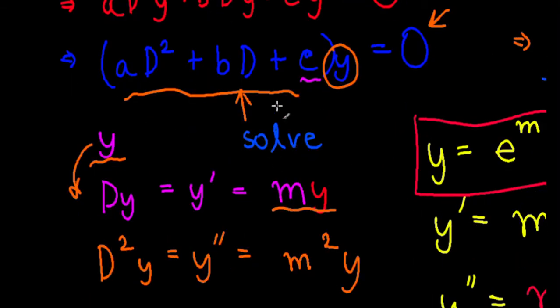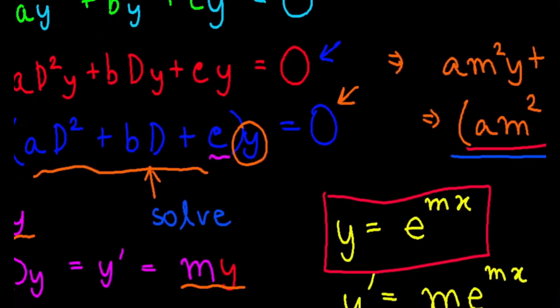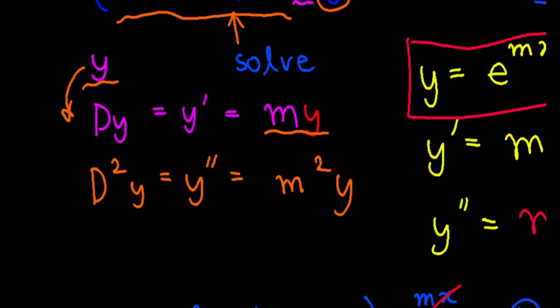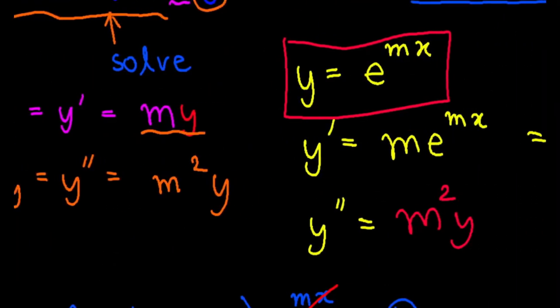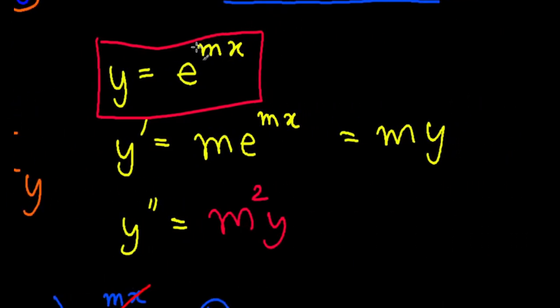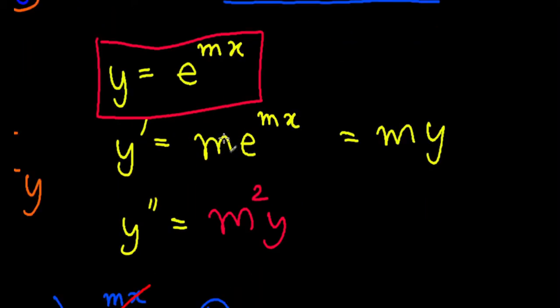We said it would be convenient if we were able to have a quadratic here, with y factored out, so we can solve the quadratic and then proceed forward with finding some solution. And we actually were able to achieve that, by finding a function which is e to the power mx, y equals e to the power some constant m, and x.